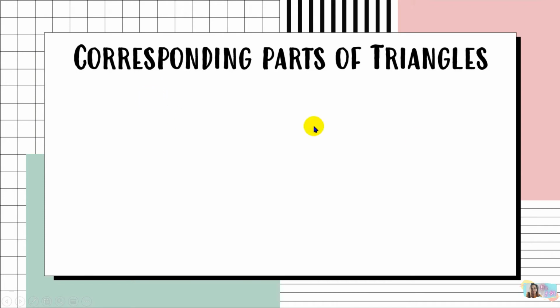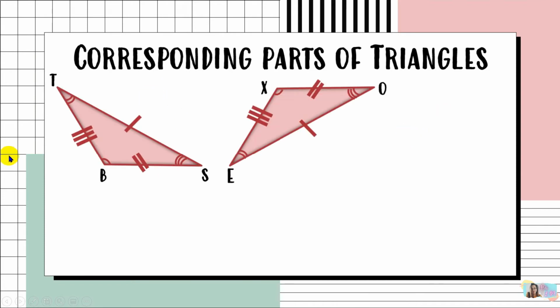So, we're going to name the corresponding parts of these two triangles, triangle BTS and triangle EXO. Okay, so as you can see, these triangles have different markings, and these markings say that these parts are congruent. So, like, side TS, congruent siya kay EO, si side BS, congruent siya kay XO, si side BT, congruent siya kay side XE.